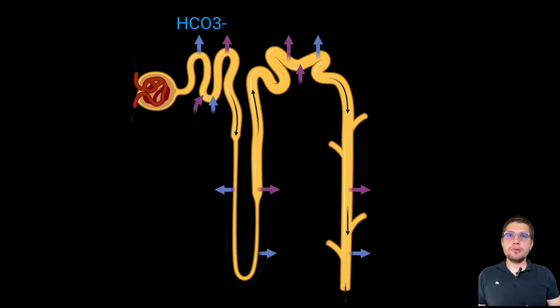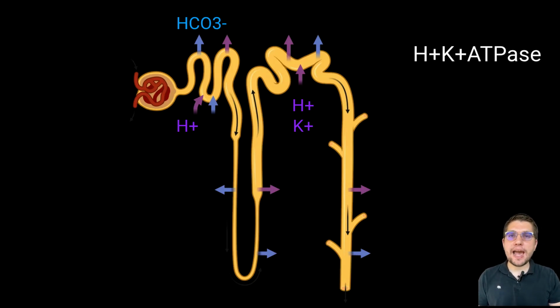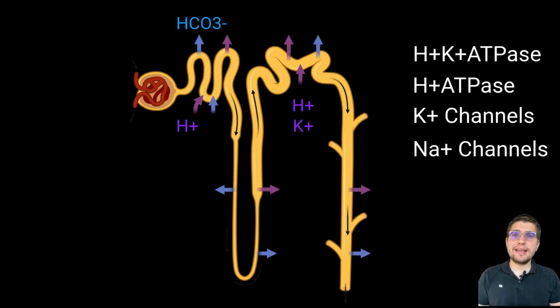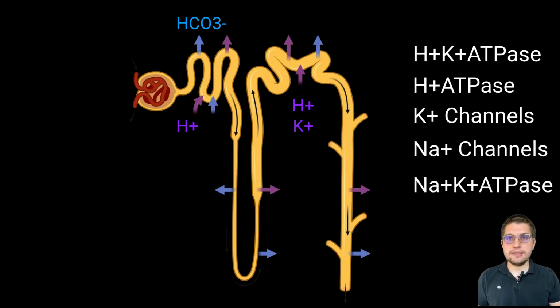The proximal tubule is primarily responsible for bicarbonate reabsorption and is also a significant site of hydrogen ion secretion as part of the bicarbonate reabsorption process. The distal nephron and collecting ducts handle additional hydrogen ion secretion and fine-tune potassium balance through important pumps like hydrogen potassium ATPase, hydrogen ATPase, potassium channels, and sodium potassium ATPase.